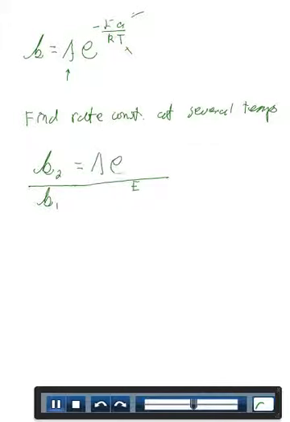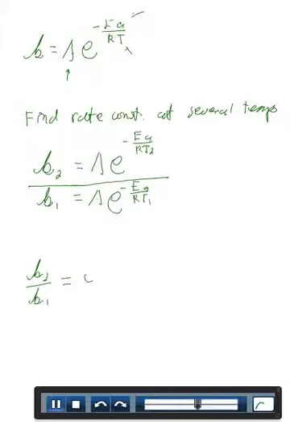So the only differences here are the temperatures. I'll put T2 with k2 and T1 with k1. I'm taking the algebraic ratio, so you notice first off that A, the frequency factor, cancels, and so we can write the ratio.